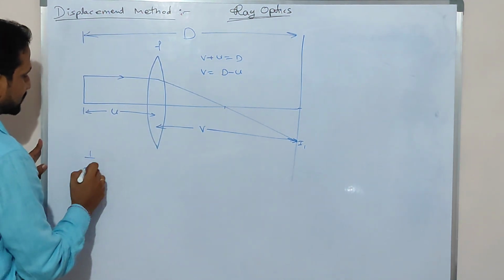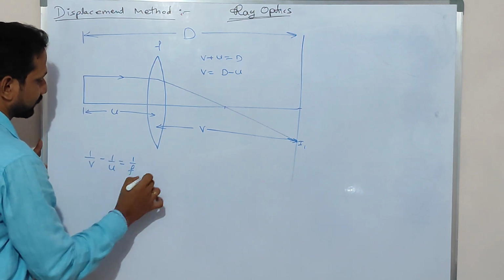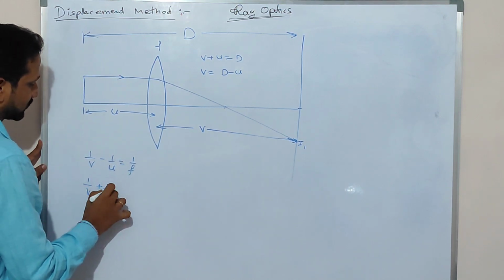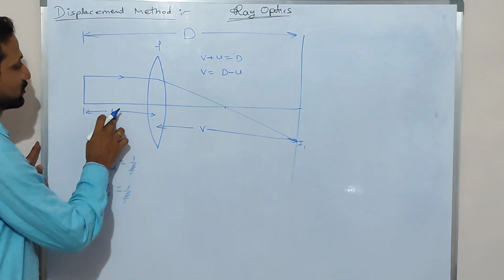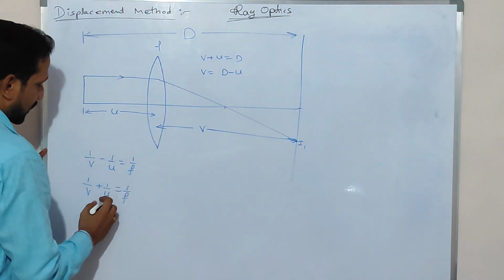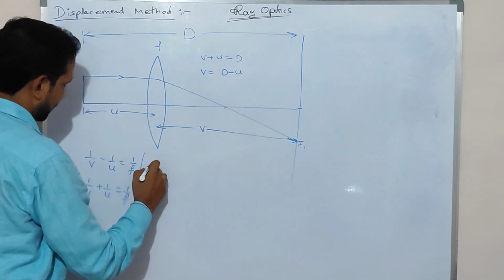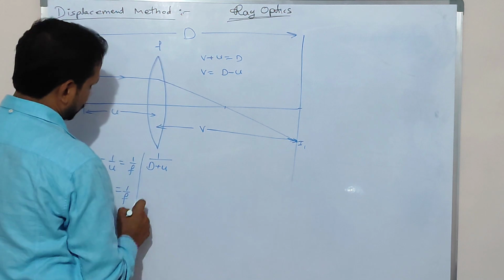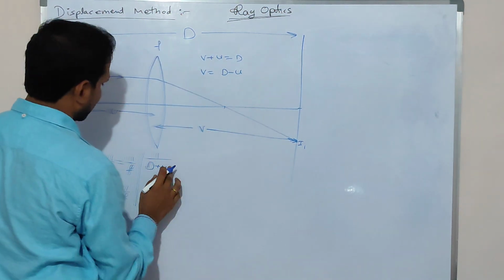If you substitute in the lens equation, 1 by v minus 1 by u equals 1 by f with sign convention, it will become 1 by v plus 1 by u equals 1 by f, because I have to take the negative object distance for the real object. And I can substitute v as d minus u.